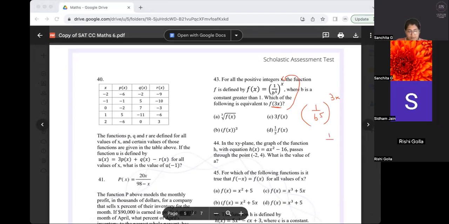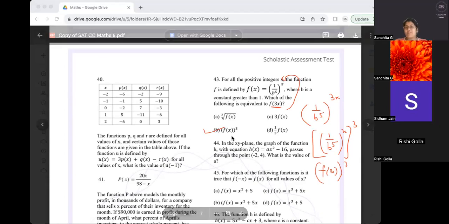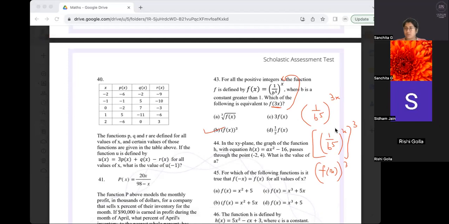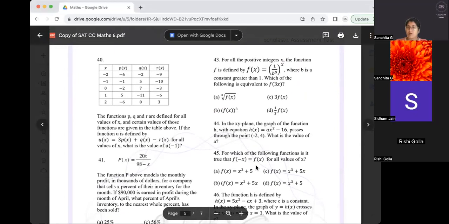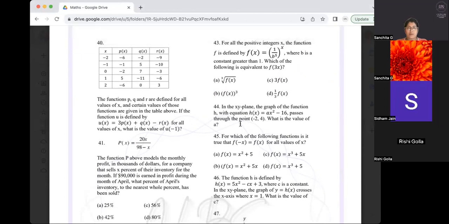Can I just separate this, 1 to the power 1 divided by b to the power 5x whole to the power 3? So what do I get? f of x whole to the power 3. So B. Simple question, but they have actually used a very different language, right? SAT loves to confuse you. So mostly you have to definitely do hard work, but smart work is also required. Observation skills.